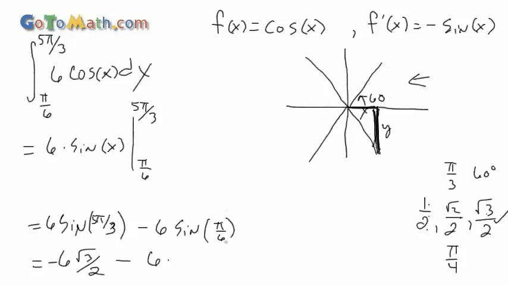And the pi sixth, the radian degree, is associated with 30 degrees. So here's 30 degrees. If this is 60, then we'll take half of that. We'll say this right here is 30 degrees.